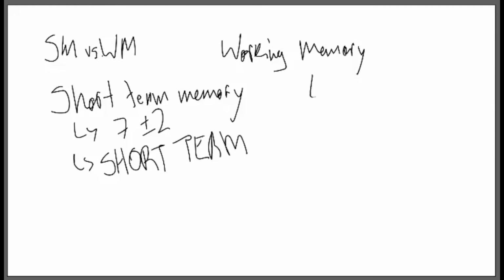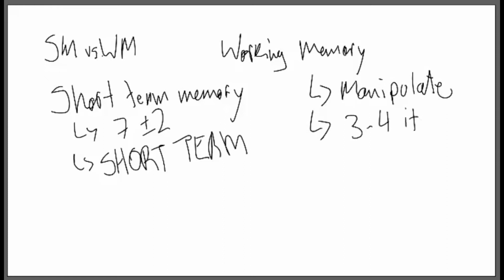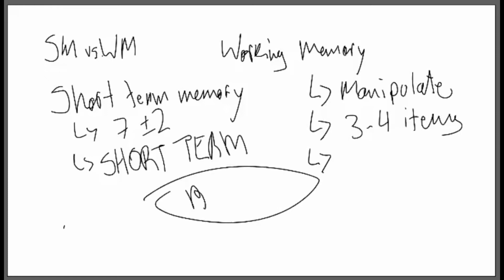Working memory is the way in which you manipulate information. It usually consists of 3 to 4 items, and it's easier. And you can also do it through repetition. This goes for if you want to commit it to long-term memory.